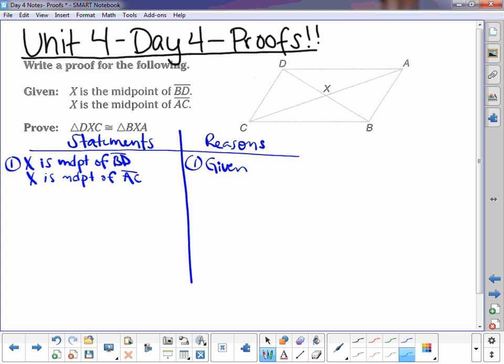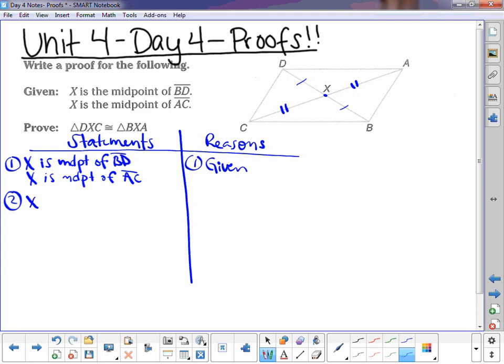So it's the midpoint of BD. Would you agree that these two segments are congruent? Because X is just this intersection here, where our markings are from point to point. And then we have these two are congruent. Okay? So let's go ahead and state what we know from the fact that it is the midpoint.